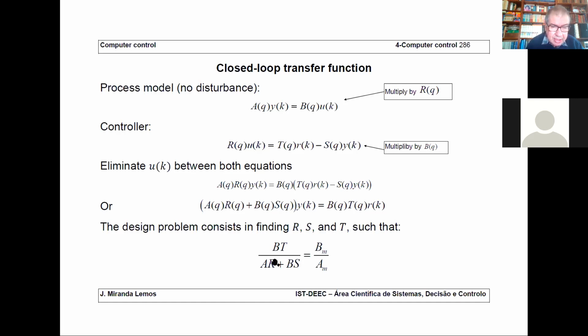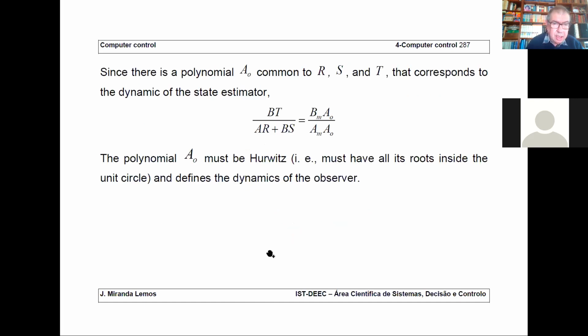Now we can actually have common terms here, common zeros. Where do these common zeros come from? When you have an observer, you create poles, but these poles are annihilated by zeros.